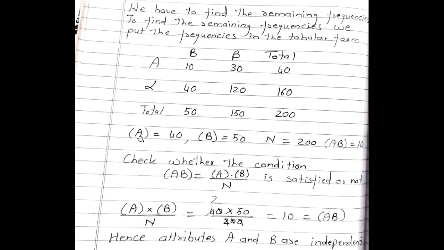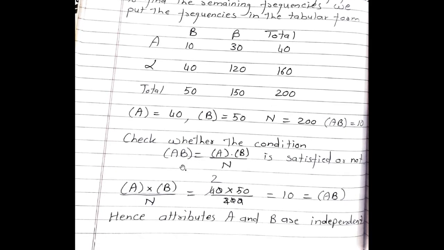Now we need to check the condition. We need the value of A, value of B, value of AB, and value of n. Replace the values in the condition, A into B upon n. Frequency of class A is 40, frequency of class B is 50, so 40 into 50 upon 200.